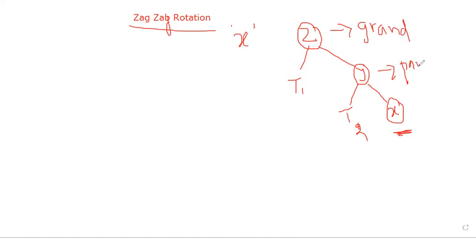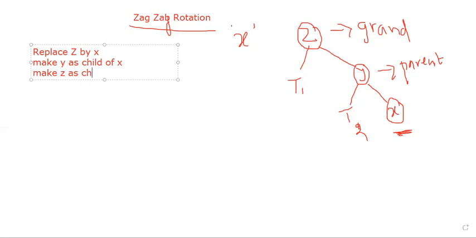So in this rotation, replace z by x. Then make this y a child of x. Then make z the child of y. So these are the operations you have to carry out.